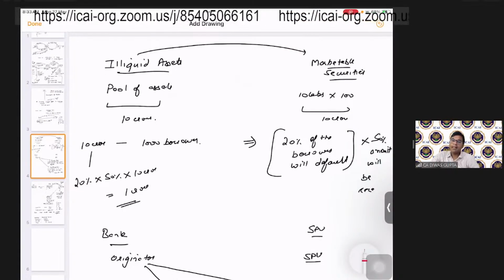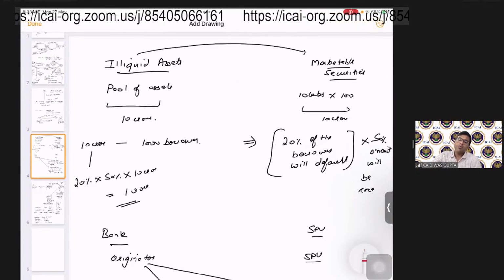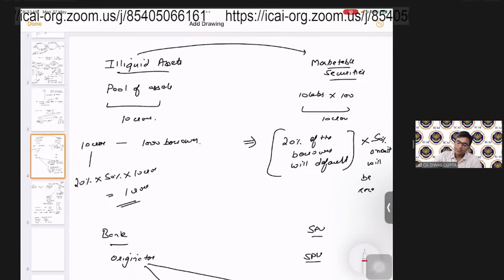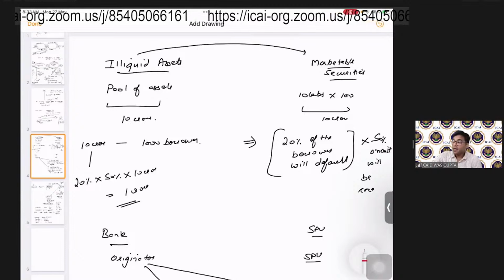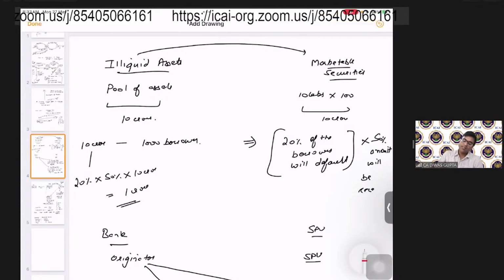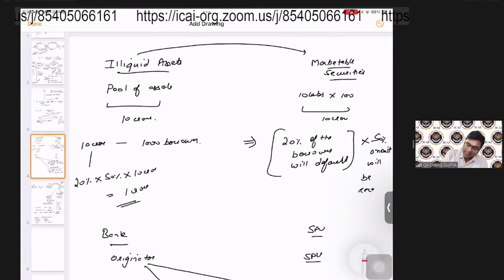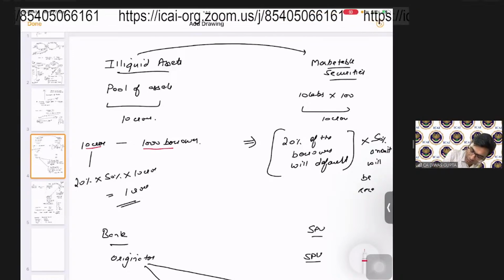Now, as I said, illiquid assets are actually a pool of assets that is converted into marketable securities. Now let's say other mathematics will come into play, where out of these 10 crore, let's say the asset value comprises 1,000 borrowers.